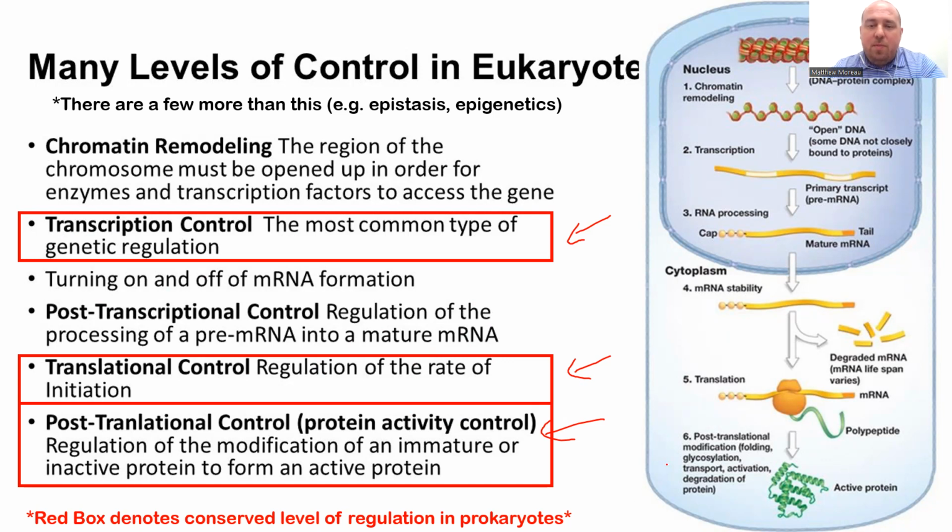Now, it's really important to think about this from a comparison standpoint, right? In eukarya, there are a ton of different levels of control, including chromatin remodeling. This is the histone binding, right? Or the ability to open the DNA in order to get access, or the accessibility of the promoter.